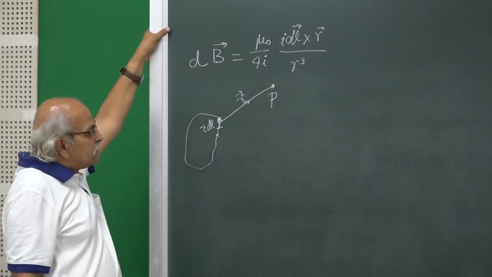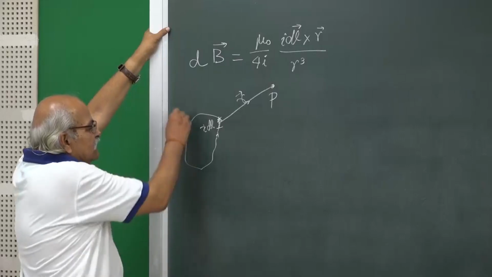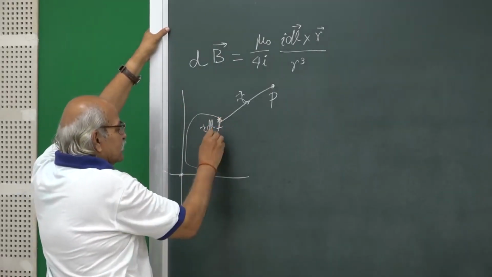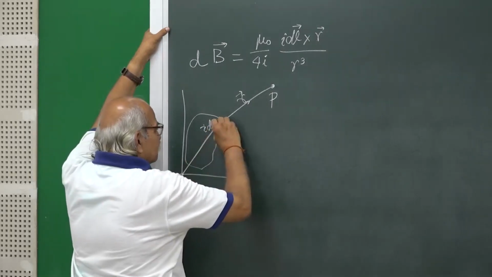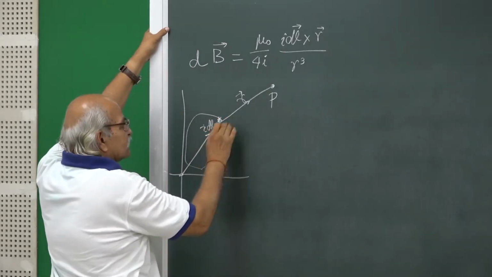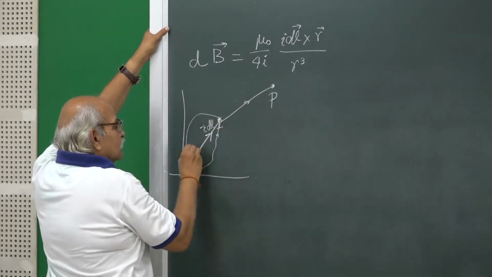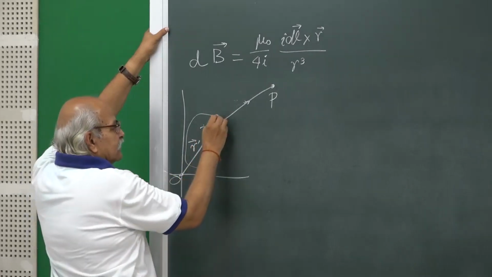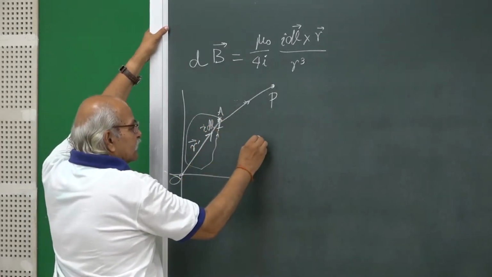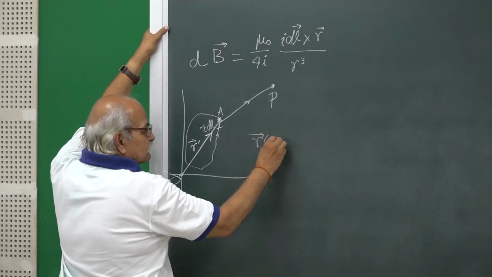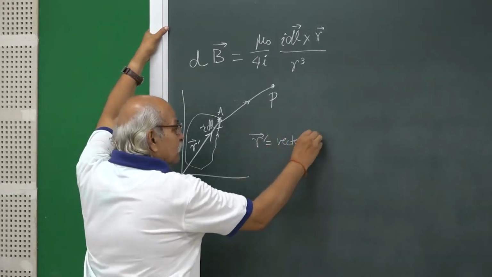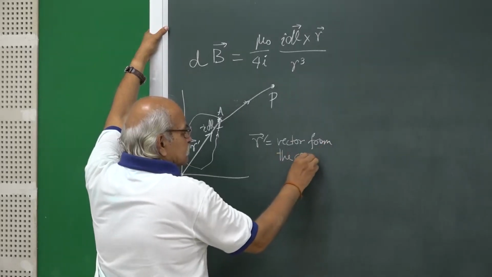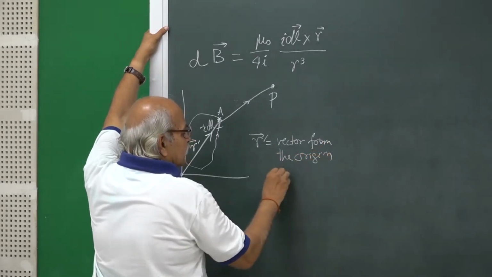We have another way of expressing. We take some origin somewhere, and then first, since we have to vary this, we write the position vector of this, and this is generally called r prime, O here and A here. So, r prime we write for vector from the origin, which is fixed, to the current element.